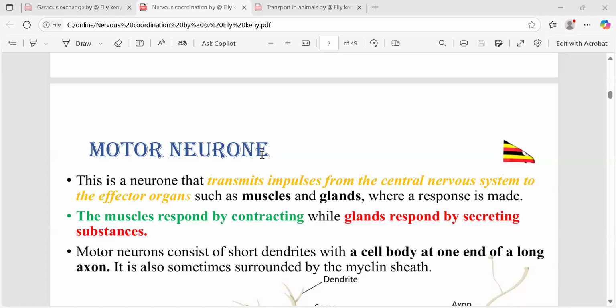The information was moved to the brain for interpretation and storage. After interpretation, the message was moved to the effectors through the motor neuron. The effect on the effectors was increased breathing rate and increased heartbeat for blood to flow easily to the muscles.